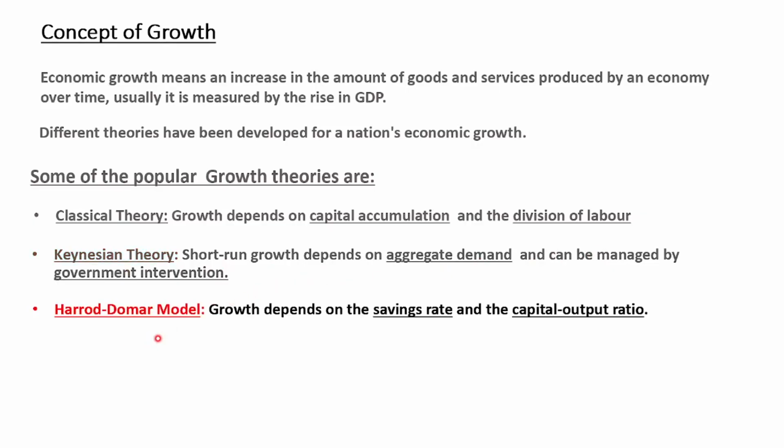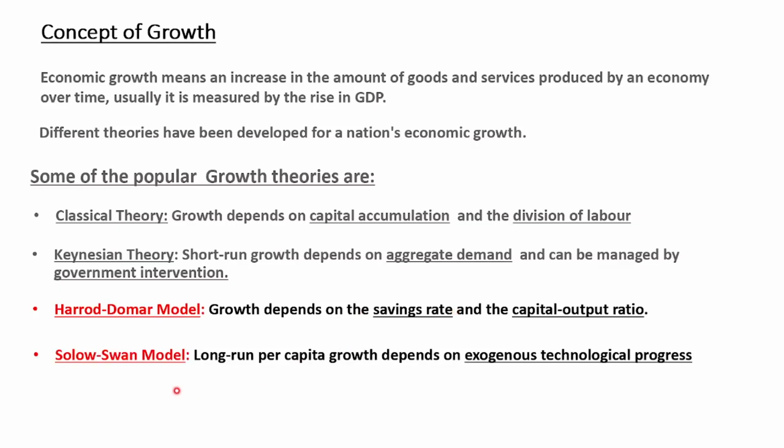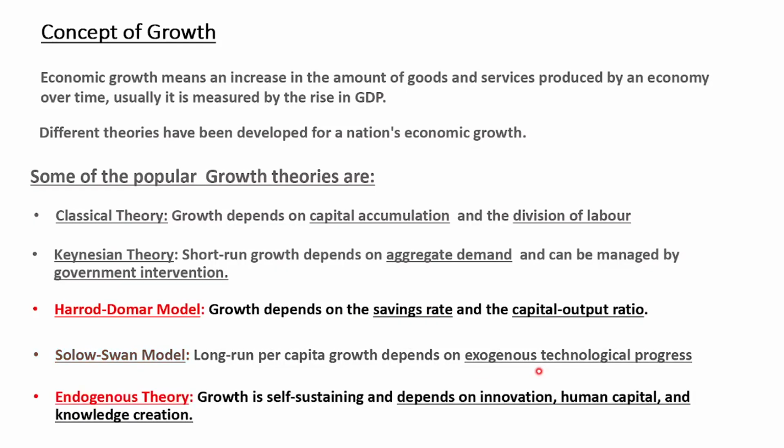According to the Harrod-Domar model, the model that we are going to talk about in this video, economic growth depends on the saving rate and capital-output ratio. According to Solow-Swan, per capita growth depends on exogenous, meaning external, technological progress. And according to endogenous growth theory, growth is self-sustaining and depends on innovation, human capital, and knowledge creation.